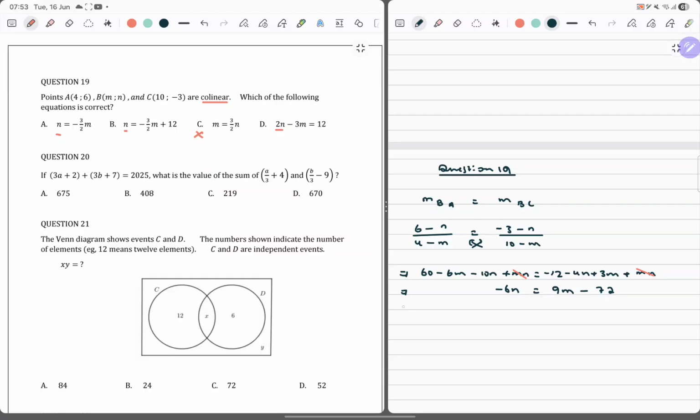Then if we divide by minus 6n, we find that n will be minus 9 over 6, which is going to be 3 over 4.